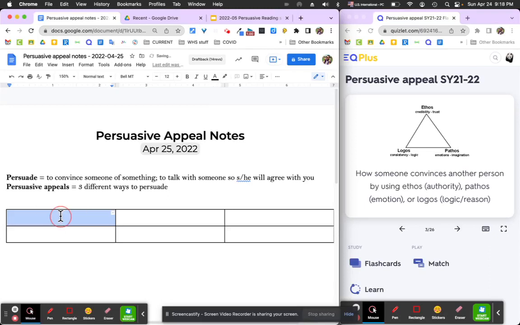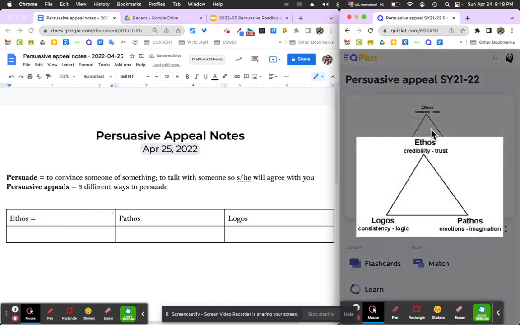The three ways are ethos, pathos, and logos. They're Greek words. Ethos here means, like you can see in the picture, credibility or trust. Let's just say trust or authority, meaning someone's super smart, or someone is super talented, or you trust that person. I'm going to give you some examples of that. Pathos has to do with your emotions.